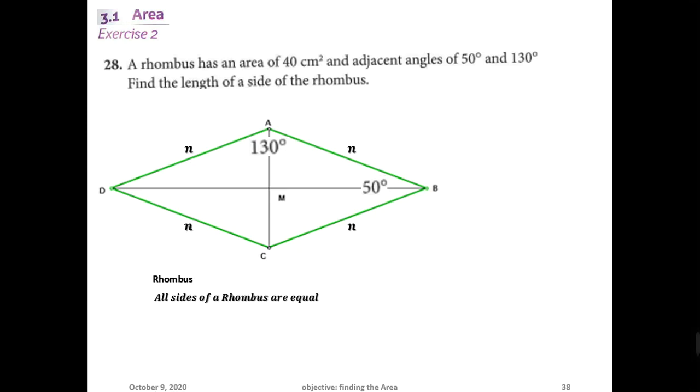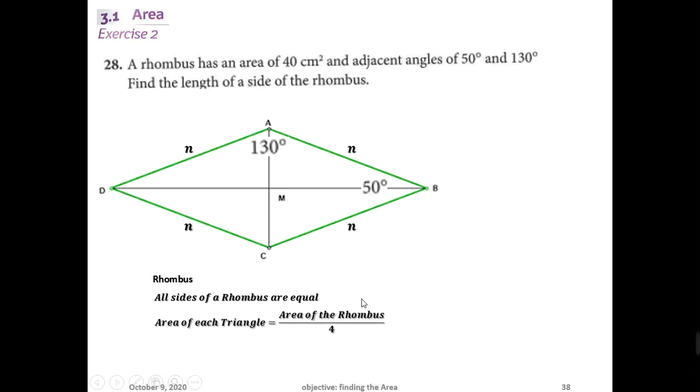So I can call each side n, which is unknown. Now, what's been given to me in the question: this angle here is 130 and this angle here is 50. And the area of the whole rhombus is equal to 40 centimeters squared. Since all sides are equal, each triangle has the exact same area.